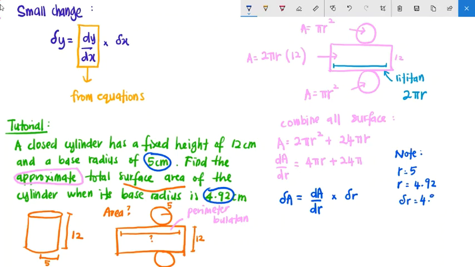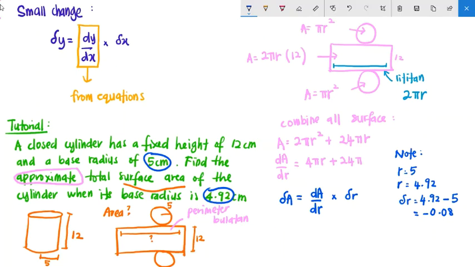So 4.92 minus 5 we got negative 0.08. Okay, clear ya? Macam mana I got negative 0.08? You cannot minus 5 minus 4.92 because final radius dia 4.92. So mesti final tolak dengan initial je.